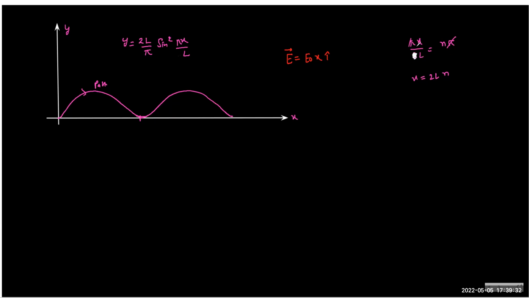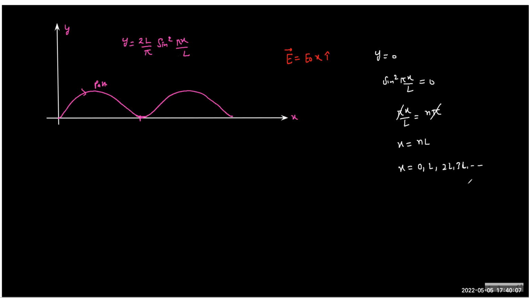Yes, sir. If it is a sine function, when will y be 0? When sine square pi x by L is 0, and sine of theta is 0 when theta is n pi, right? So the values of x at which the answer will be 0 are x equals 0, L, 2L, 3L, and so on. So this must be 0, this must be L, 2L.